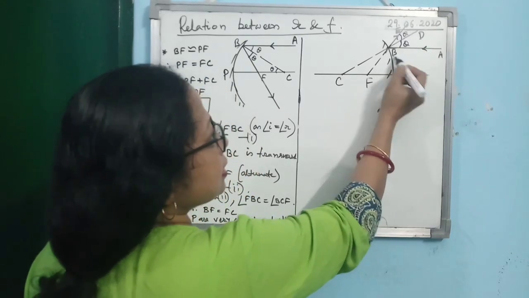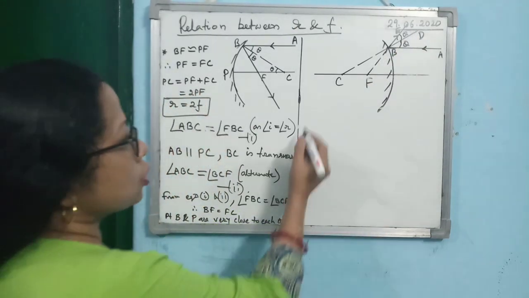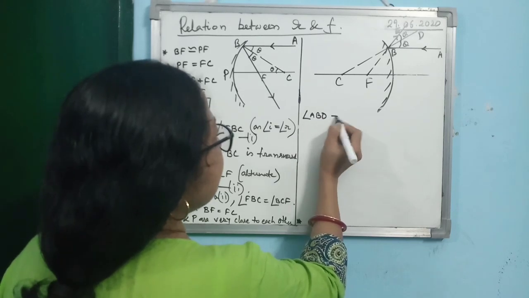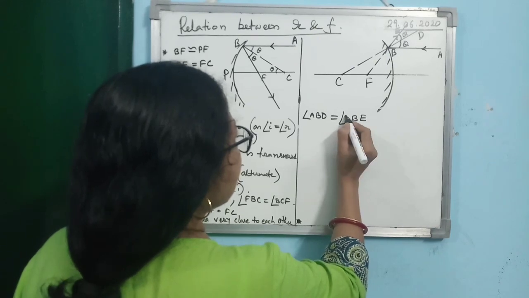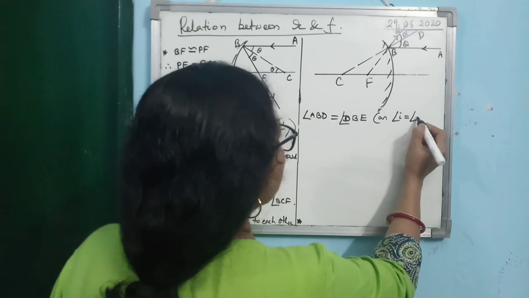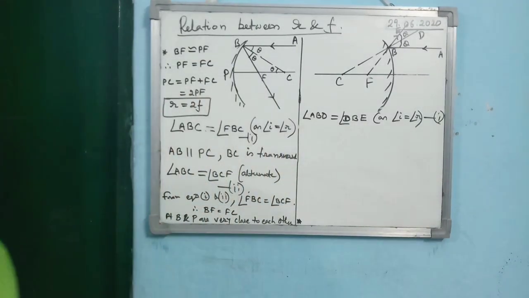The angle of incidence is ABD and the angle of reflection is DBE. So angle ABD is equal to angle DBE, as the angle of incidence equals the angle of reflection. This is equation 1. Is that clear?